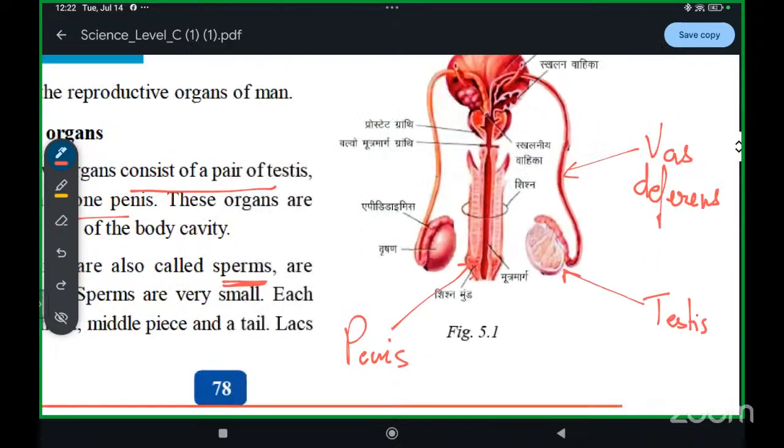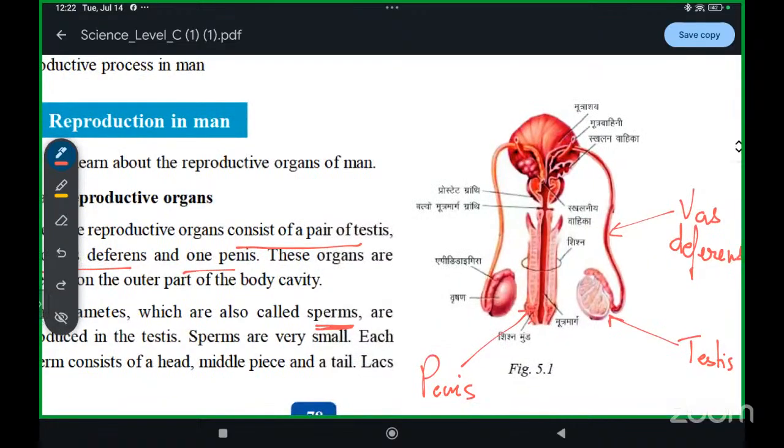Now, look at this diagram. They are formed in these two organs, the testes, and then they travel through this tube. That is what the vas deferens is responsible for.